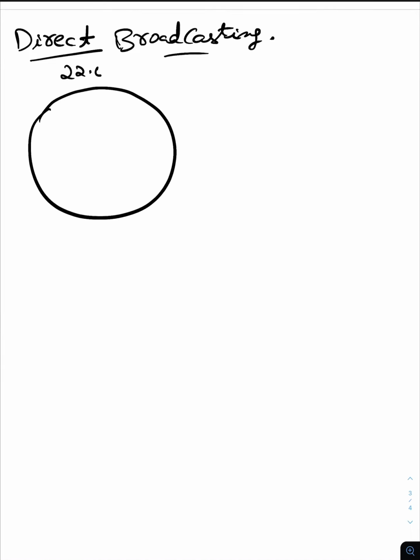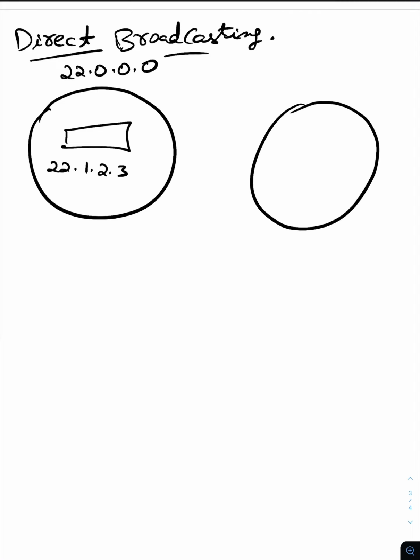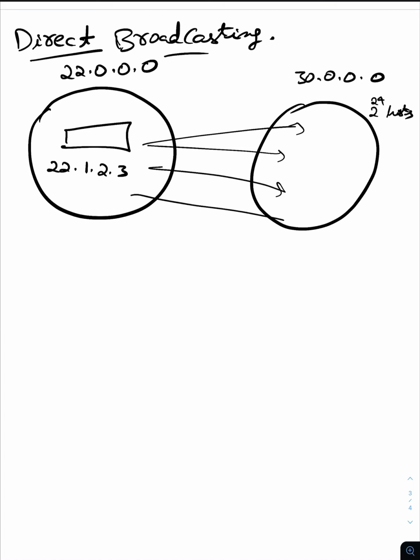Suppose you have your network 22.0.0.0, and your host is 22.1.2.3, and your next network, let's take a class A network, 30.0.0.0, and since it's a class A network, again it has 2 power 24 hosts or IPs, and you want to send to all of them. So here you send it using a direct broadcast address.